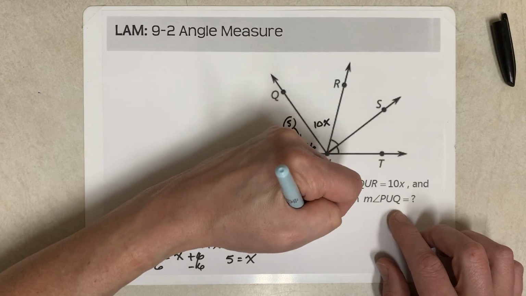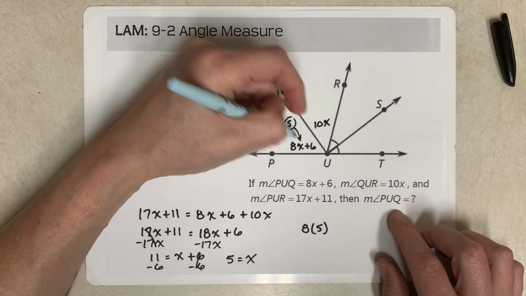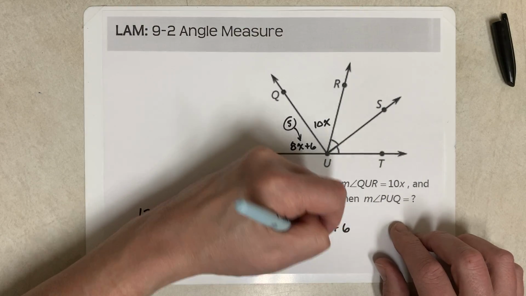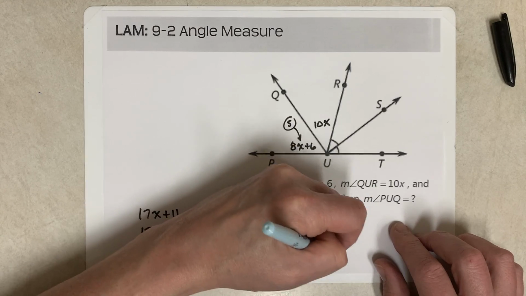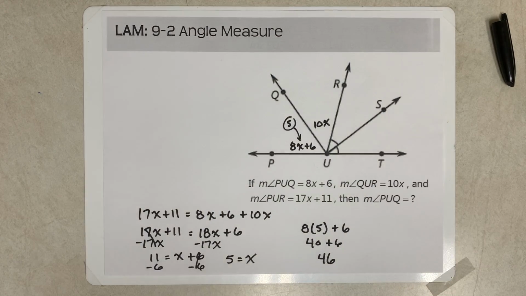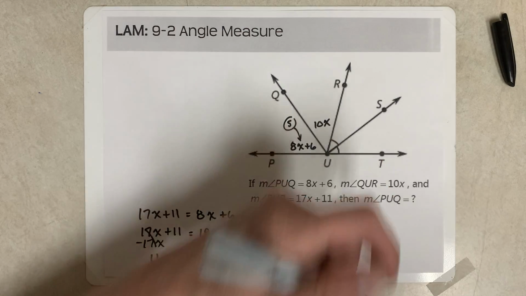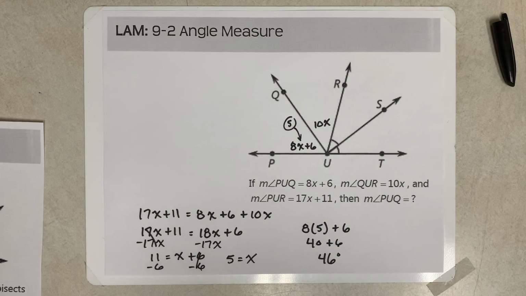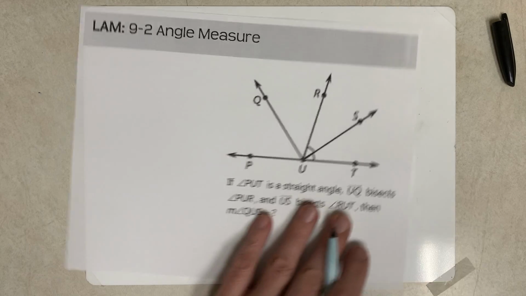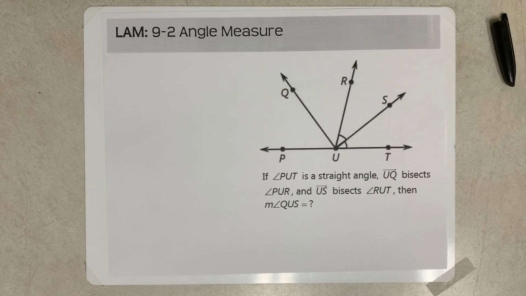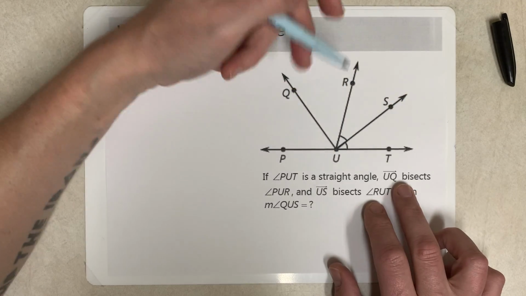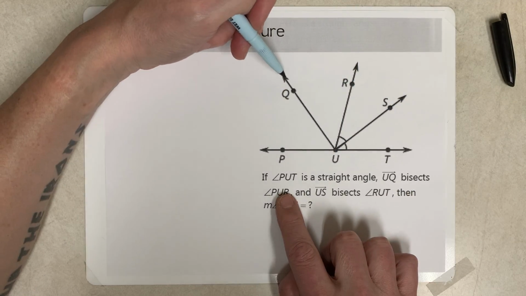So we get 8 times 5 plus 6. That gives me 40 plus 6, which is 46 for the total. And you can put a little degree on there if you want to, but that is the measure of that angle, PUQ.